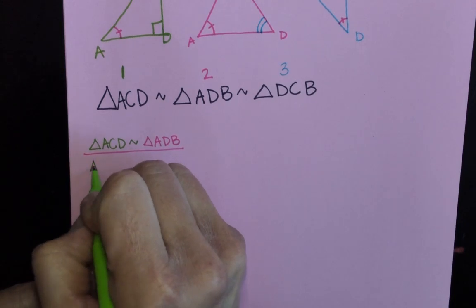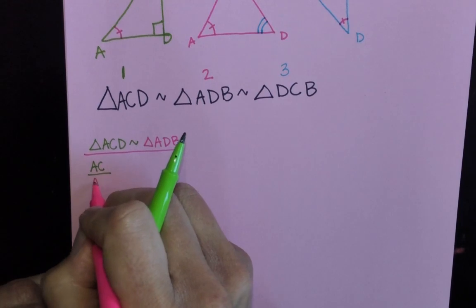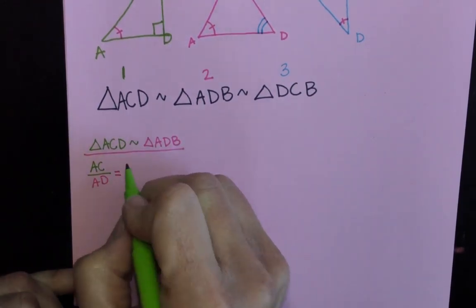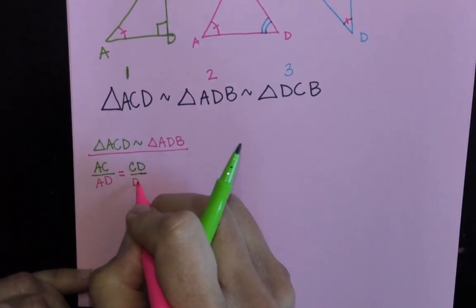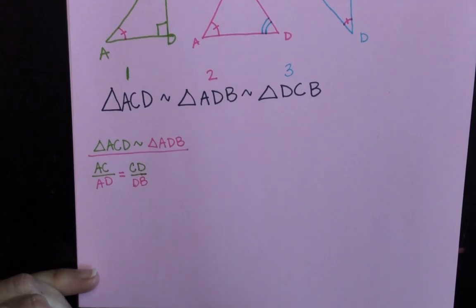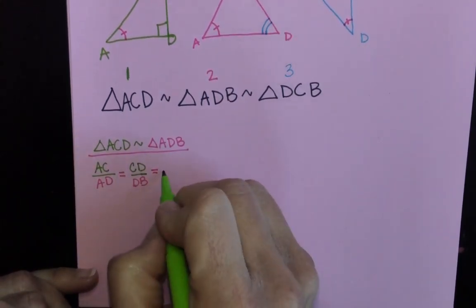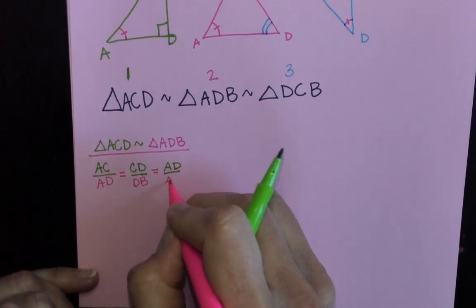We were able to say that AC would correspond with AD because they were the first 2 letters. And we could say CD would correspond with DB because those were the next 2 letters. And we were able to say that AD, the first and last, would correspond with AB.